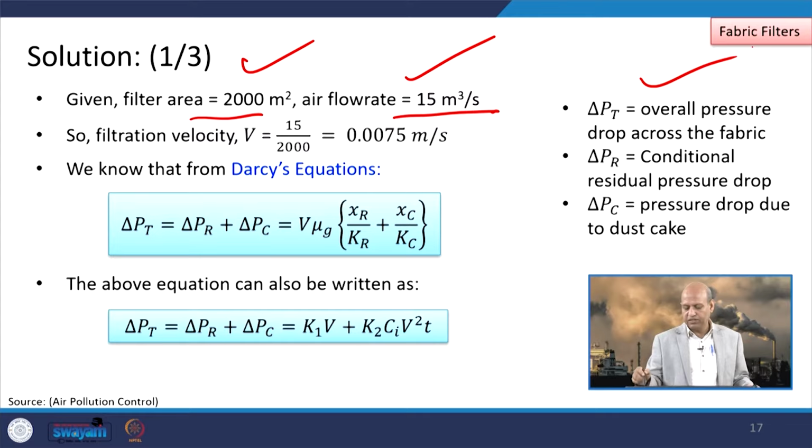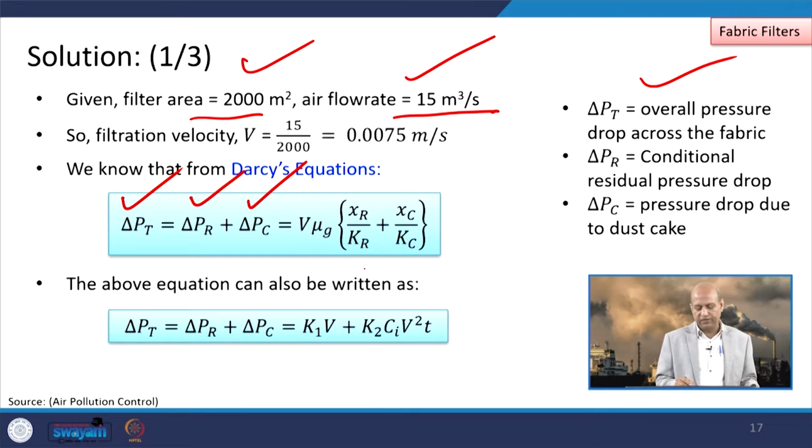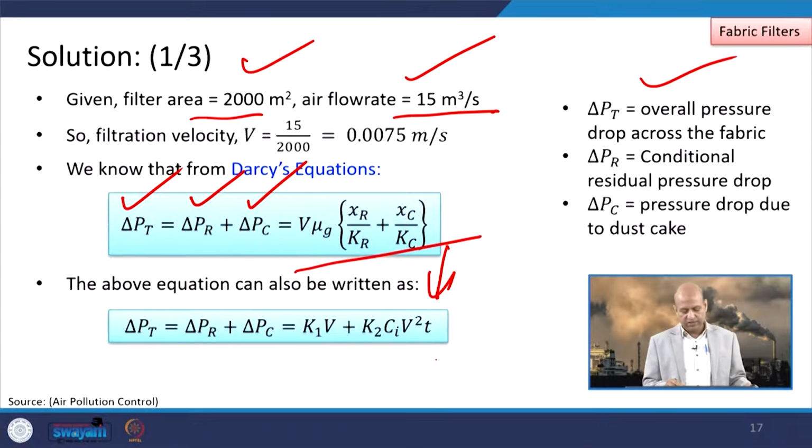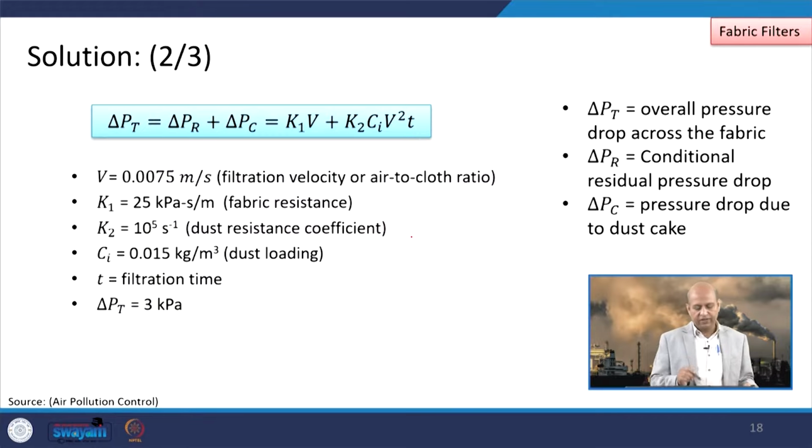So, overall pressure drop across the fabric is delta PT, delta PR is the conditional residual pressure drop, and delta PC is the pressure drop due to dust cake. So, these are the parameters we use: delta PT, delta PR, delta PC. Then this is the relationship we use, and it can be written in a simple way as K1 V plus K2 CI V2 T. We can use this relationship because K1 and K2 are given.